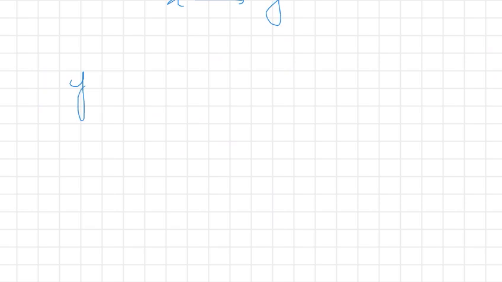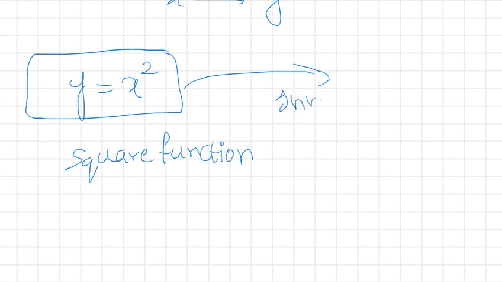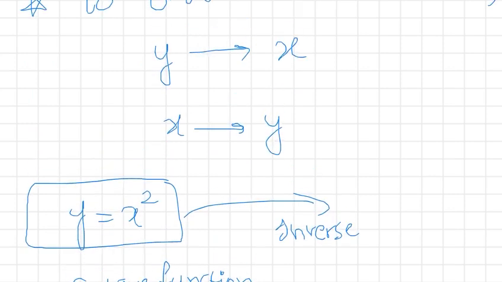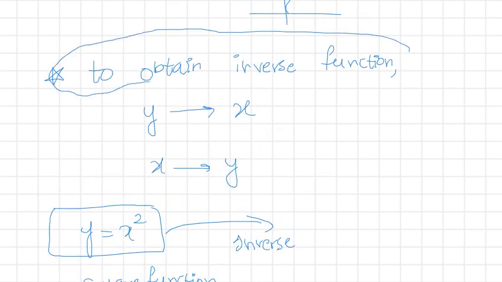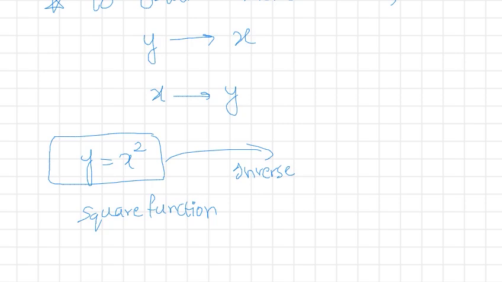So in the formula, y equal to x square is the graph, right? I mean, the formula is y equal to x square, the square function. To obtain the inverse of this square function, this is the method. We make y equal x and then x equal y. So interchange x with y.